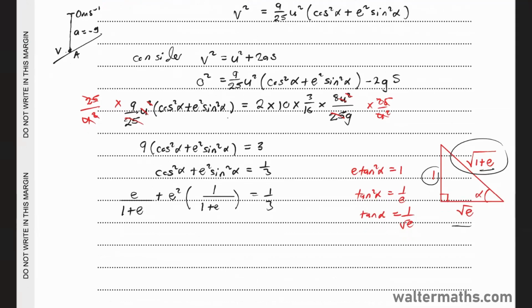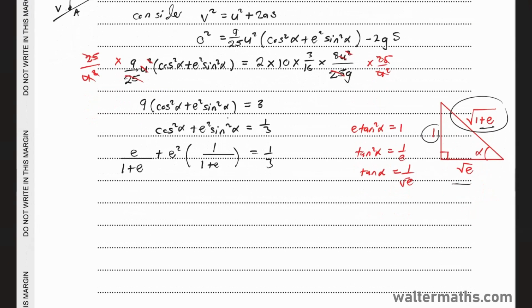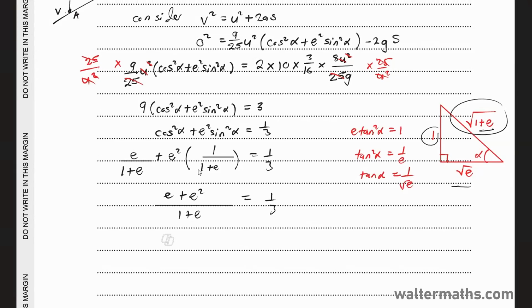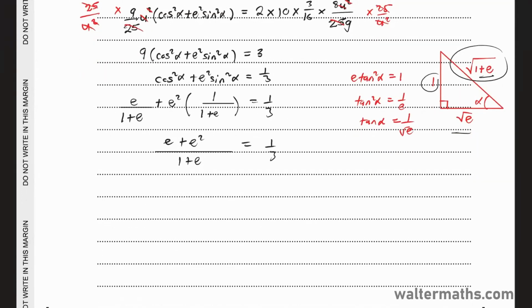So the bottom here is 1 plus e, and on top we have e plus e squared, equal to a third. Here I'm going to cross multiply, and we'll have 3e plus 3e squared is equal to 1 plus e, which is 3e squared plus 2e minus 1 if we rearrange the terms.